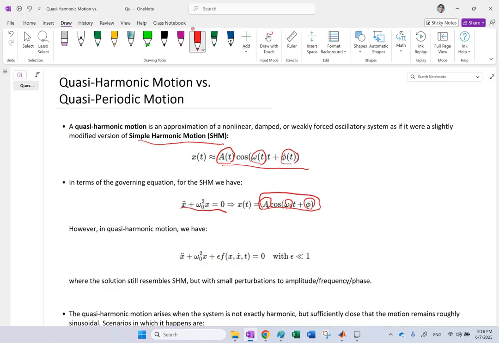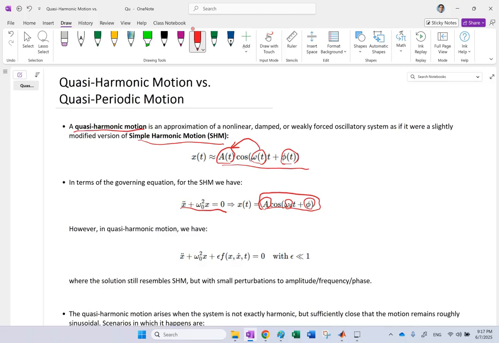And it does change versus time, or it does depend on something else. For instance, omega could be depending on A, okay, or phi could be depending on omega or something like that. So when these are not perfectly constant, they depend on each other or they are changing versus time, although the form of the signal is similar, that is what we call a quasi-harmonic motion.